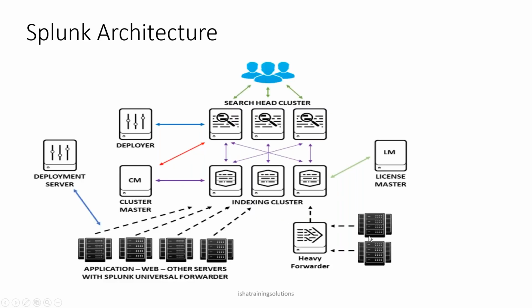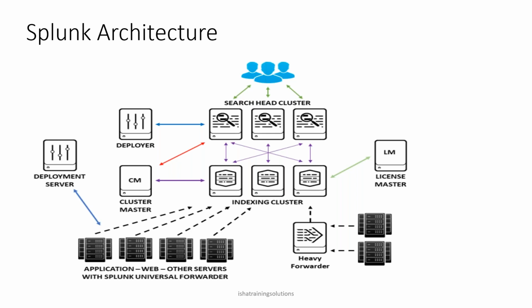The heavy forwarder is used if you want to manipulate the data. The universal forwarder brings all the logs that are present in the application server. Let us assume you want to fetch only error logs, or you want to discard the error logs before they reach the indexer.